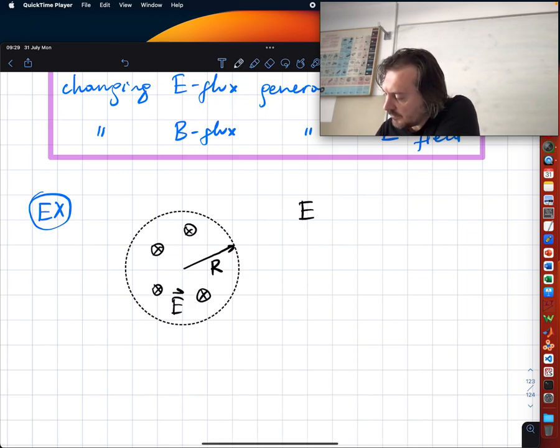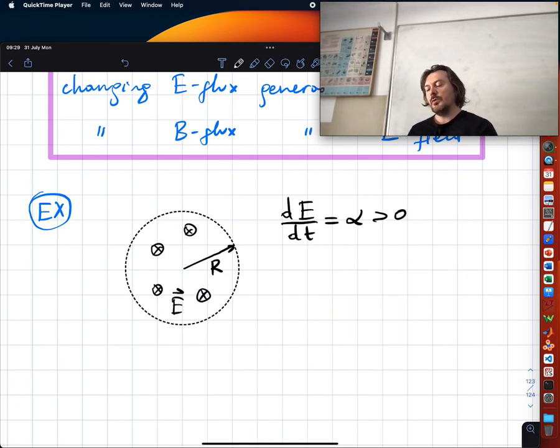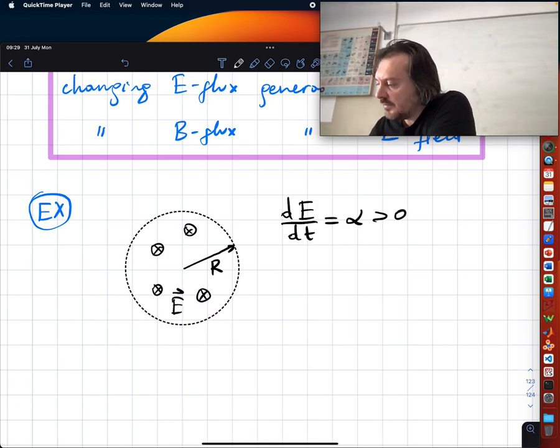Let me write it down like this: dE over dt is alpha and it's greater than 0. So the question is, what is the magnetic field at a distance r inside or at a distance r outside this loop? That is the question.